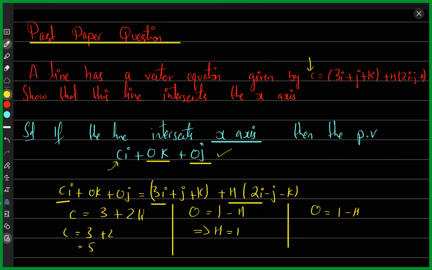Okay. All right. So since this point with c equals 5 is lying on the line, this means that this line is going to intersect the x-axis.